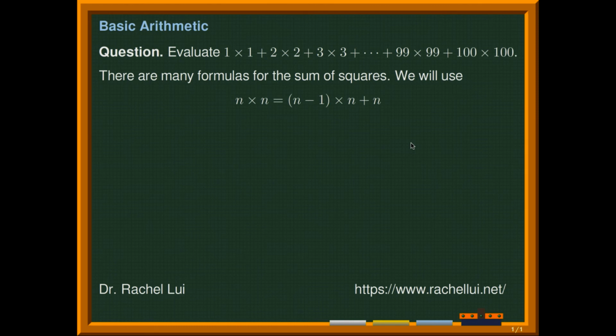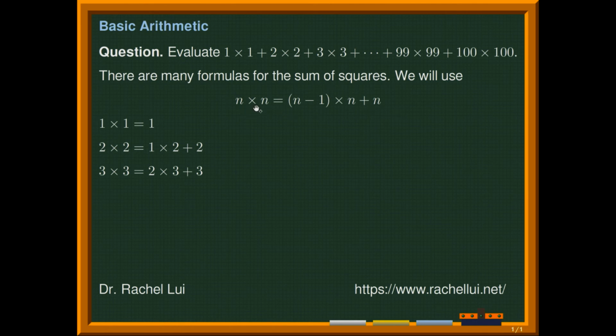So for the first term, 1 times 1 is 1. For the second term, 2 times 2, we will substitute 2 in this formula. So 2 minus 1 is 1 times 2 plus 2. And then we will substitute the third term in the formula.